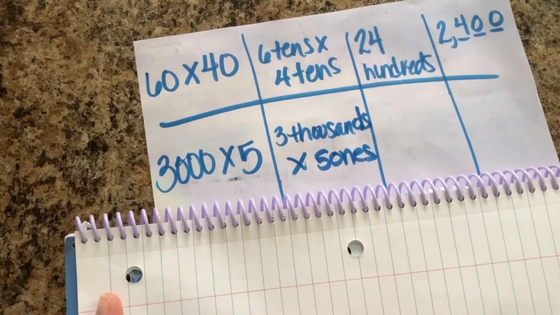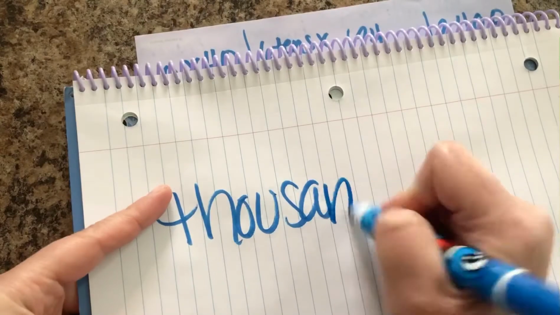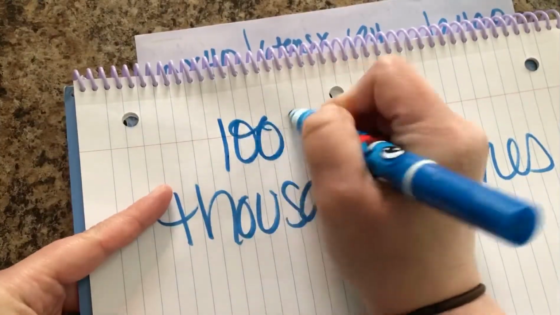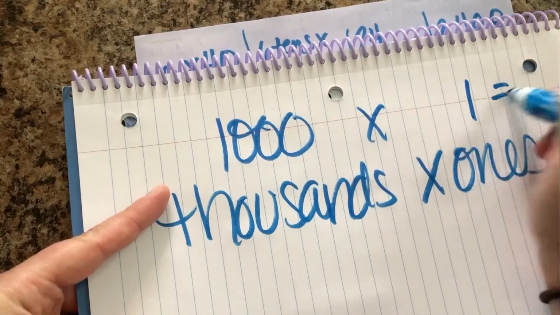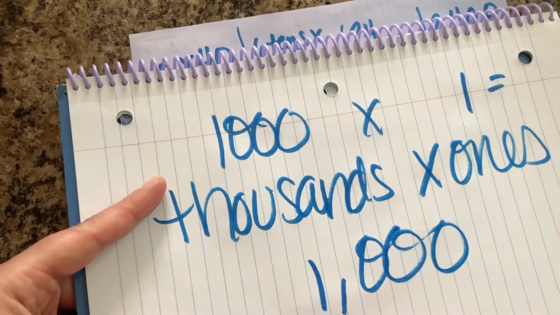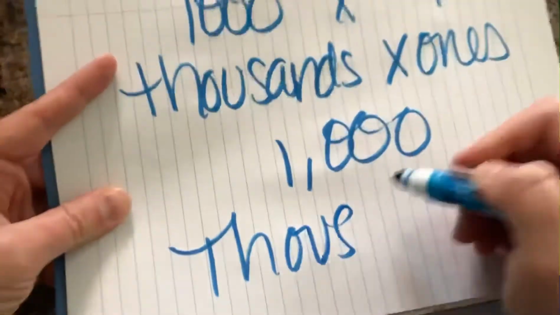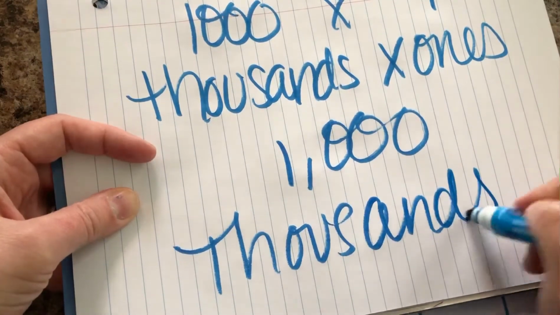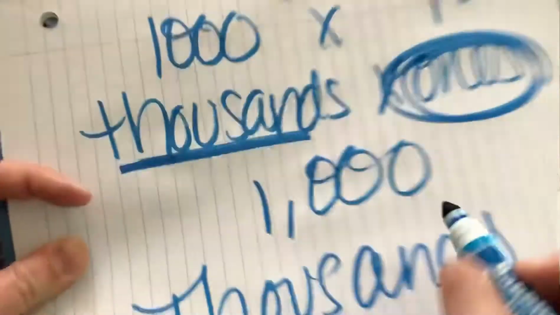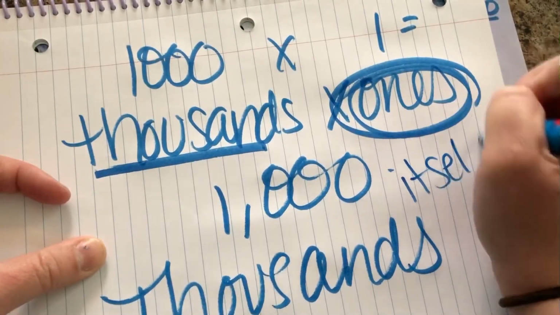So we have thousands, and we have it times 1. So imagine you have 1,000 times 1. What is 1,000 times 1? Well, 1,000 times 1 is 1,000. So our answer is still going to be in the thousands because anything multiplied by 1 is itself. The property of 1.